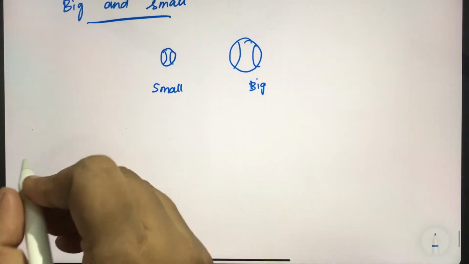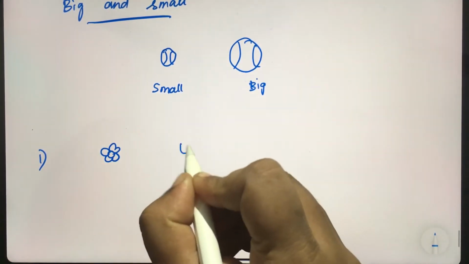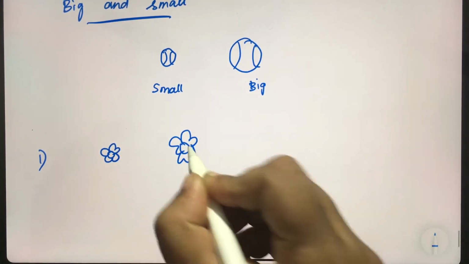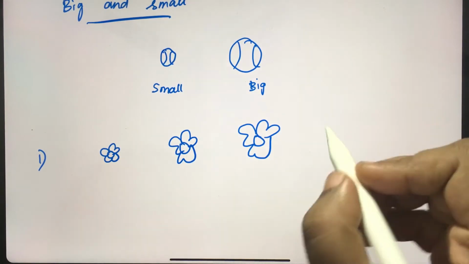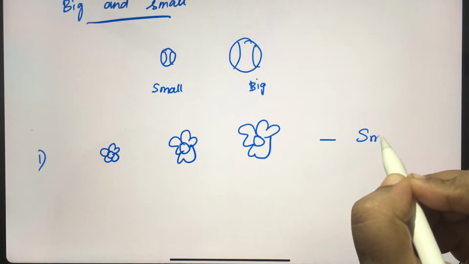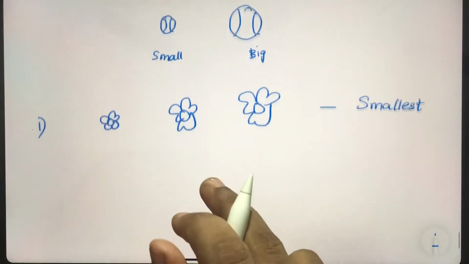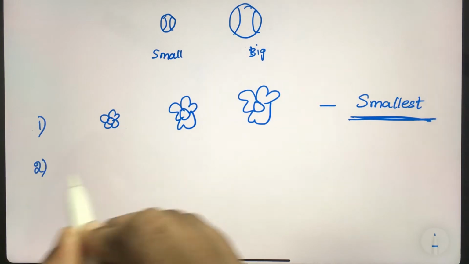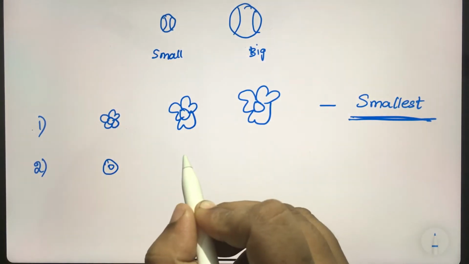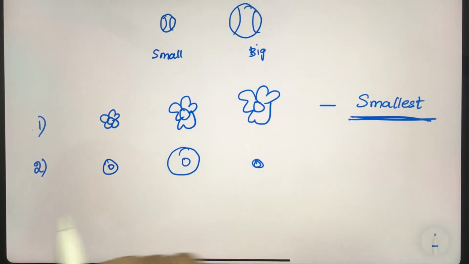You can give exercises like a flower, a medium size and the big one. You can ask your kid to find out the small one, which is the smallest. For this activity, we are going to find out the smallest. A circle, a donut, a big one and a very tiny one.